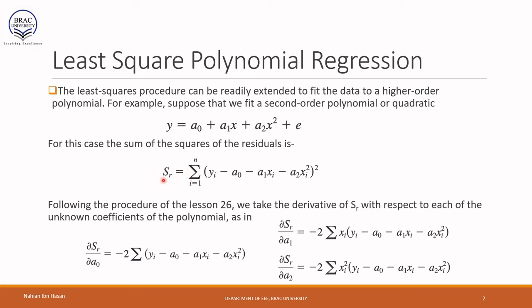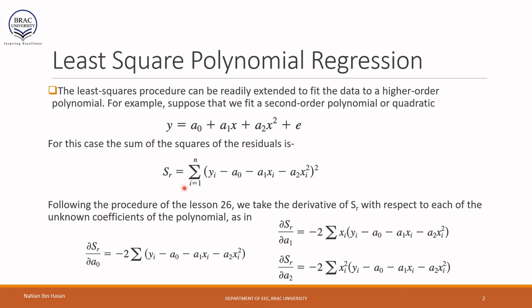Similar to the case of linear regression, we are going to minimize this SR term. There are three individual parameters that need to be determined, a0, a1 and a2. These are the characteristic parameters of the fitted polynomial regression line.